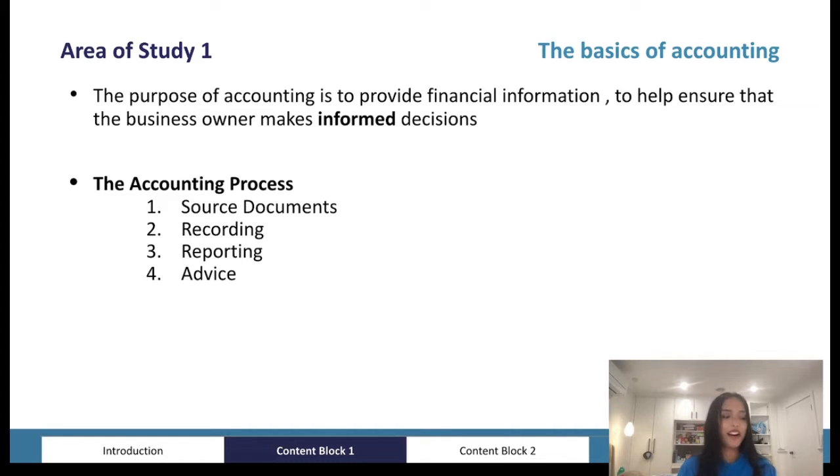The point is preparing financial reports. And then once you have those reports, it's reading and analyzing them, and then based on the reports, providing financial advice and non-financial advice to the business owner. So that's your role as an accountant: to look at the business, check their source documents, check their recording processes, prepare reports, and then provide advice.